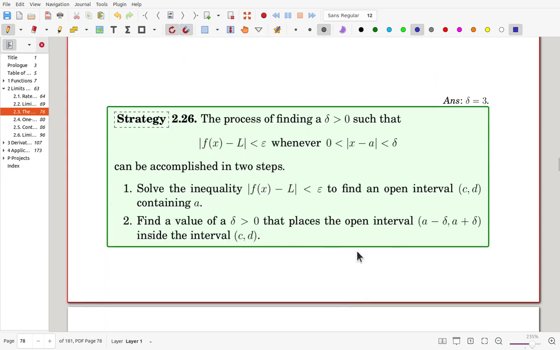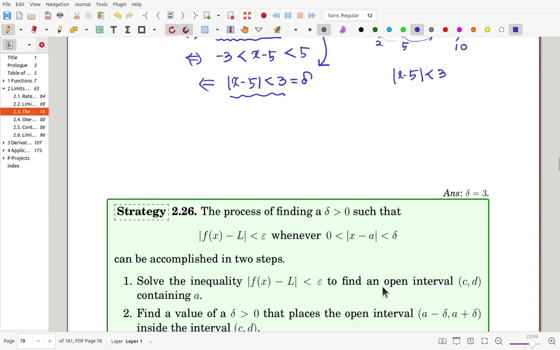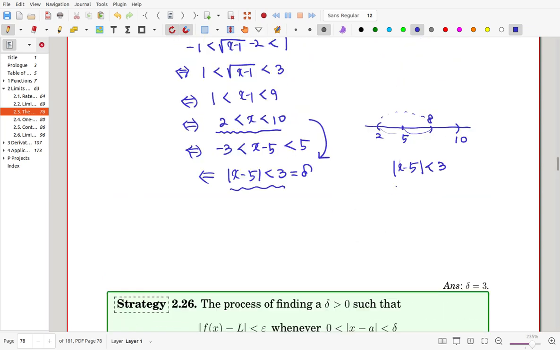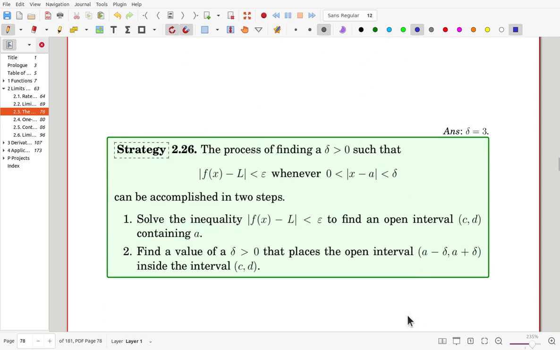Okay, and then, to make the shape, eventually a sub-interval is chosen. There, 2 is in fact 5 minus delta, so delta is 3, and 8 is basically 5 plus delta, right? So we chose such a sub-interval of (c, d), and we can find the delta.